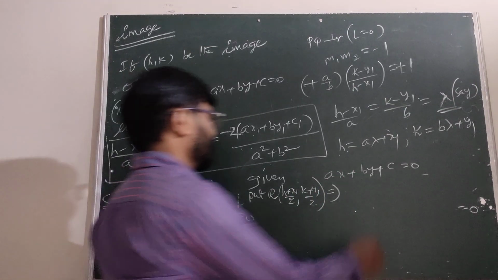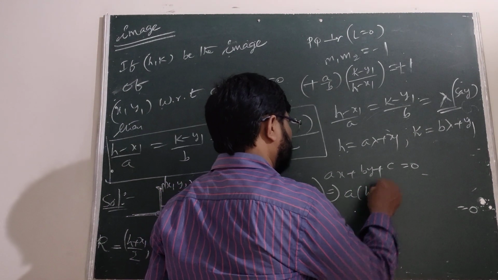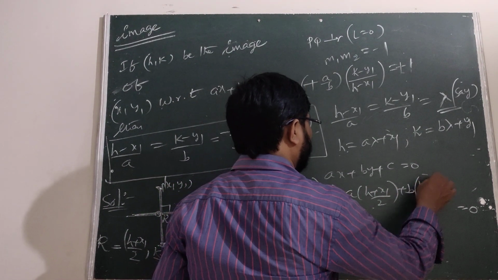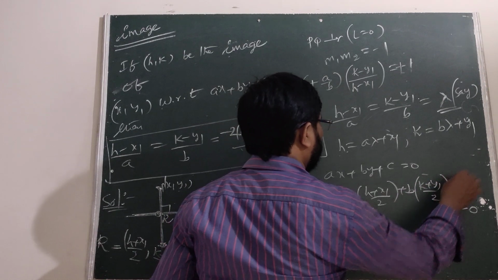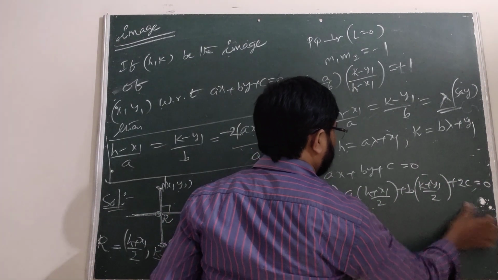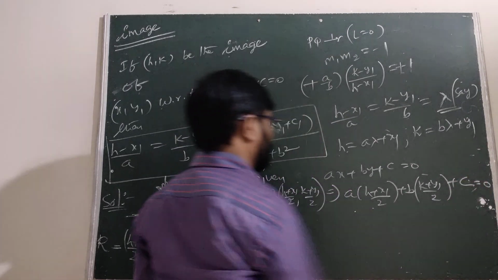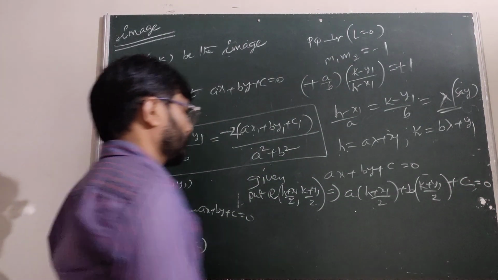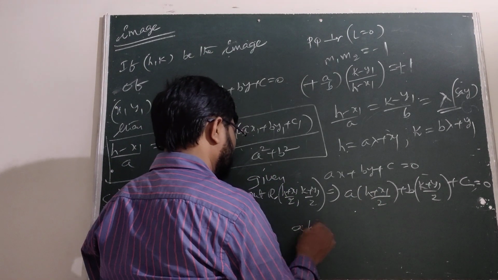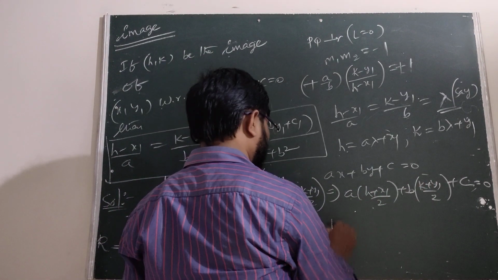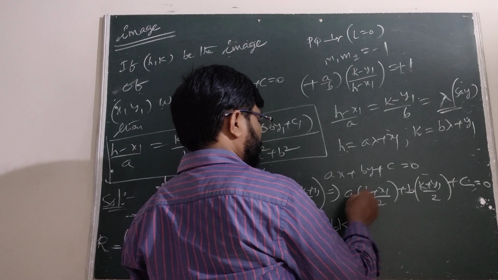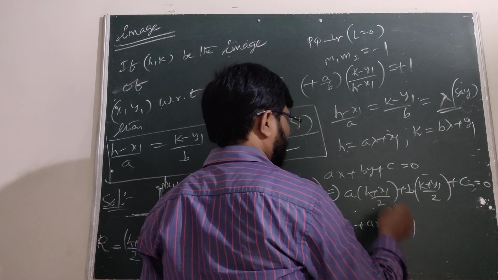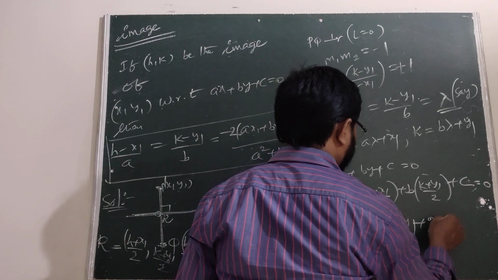Now this is a into (h plus x1) by 2, b into (k plus y1) by 2, plus c equal to 0. Now we take the LCM, which is 2. This is ah, bk, ax1, plus by1, plus 2c.